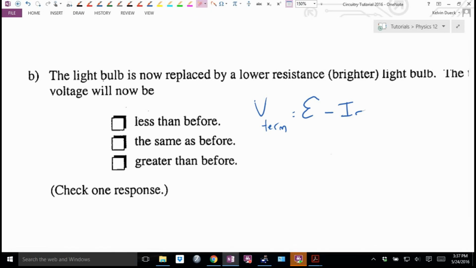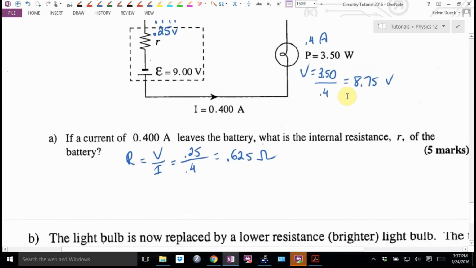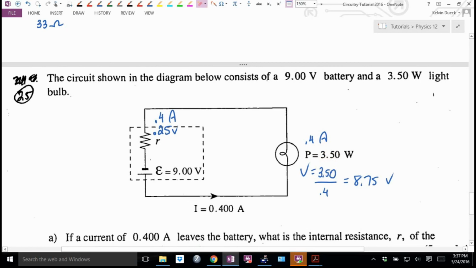When you replace the light bulb, does the EMF of the battery change magically? This doesn't change. Does the internal resistance of the battery itself change? No, that's baked into the battery as well. What is going to change if you change this is that number.